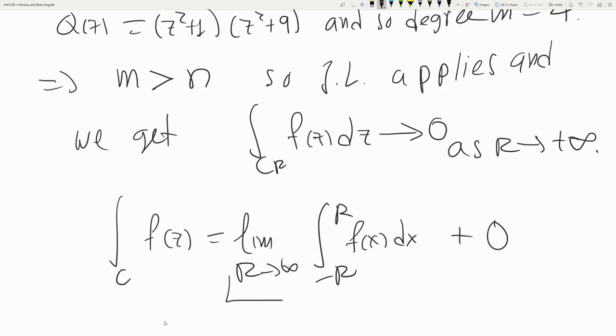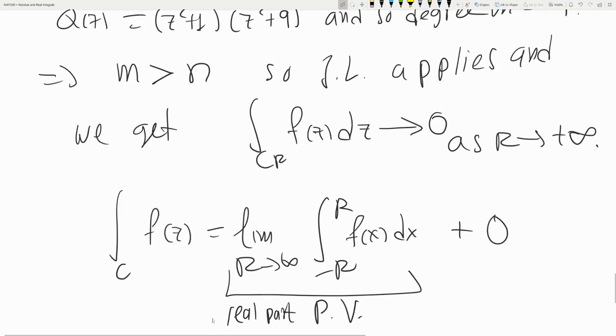So this guy is what we want, right? This is the principal value, that's how we defined it, after we take the real part. So it would be the real part of the PV of what we want. We will do this at the end.